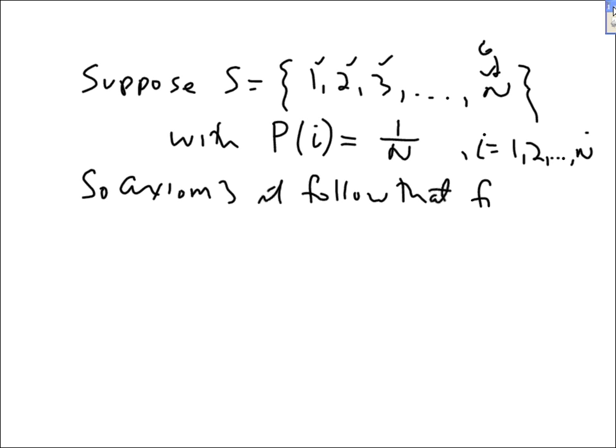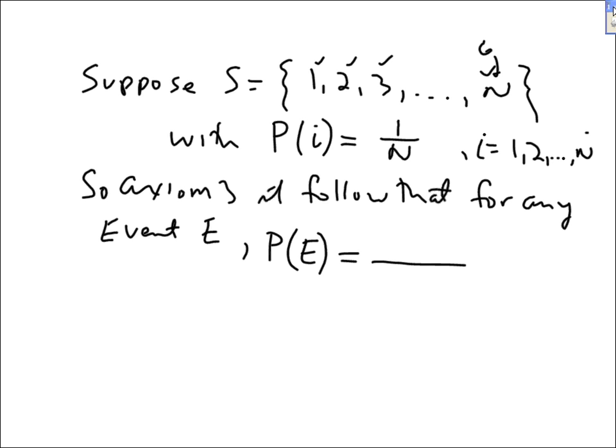For any event E, the probability of E, and this is very key in probability when all outcomes are equally likely, is the number of elements in E divided by the number of elements in the sample space S.